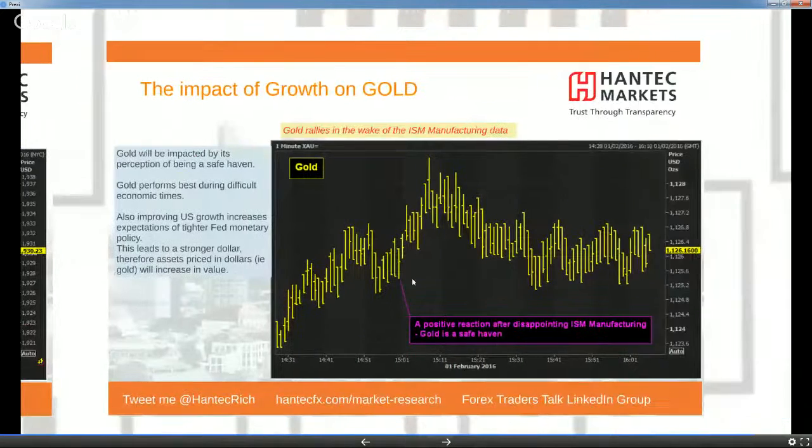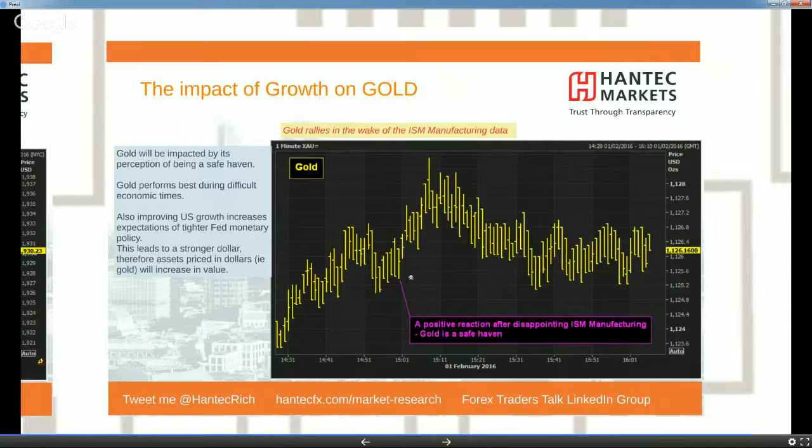And finally, gold. Gold is again very much closely linked to the US dollar. When the dollar is strengthening, you see gold weakening, and here you can see the opposite to that. So the gold price has gone up after a disappointing ISM manufacturing data. Gold is seen as not only a safe haven, so disappointing manufacturing just suggests that the US economy is not performing well.